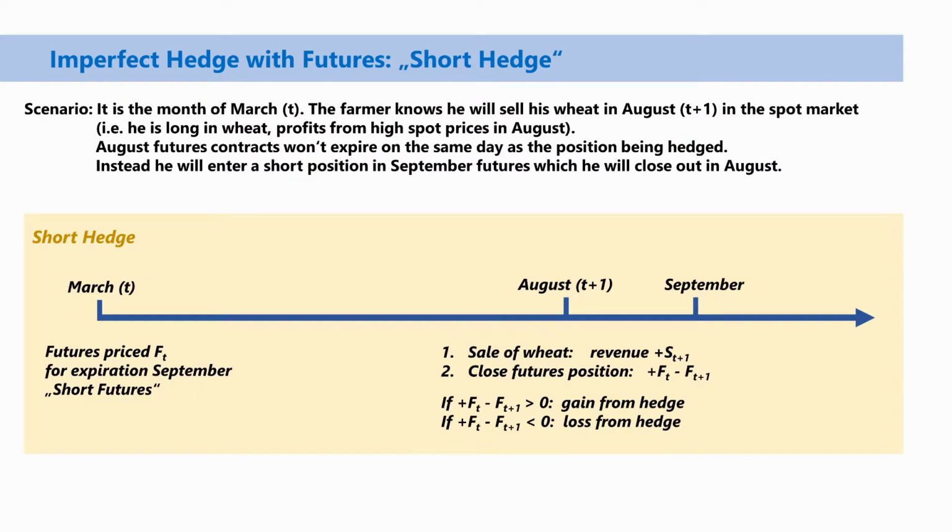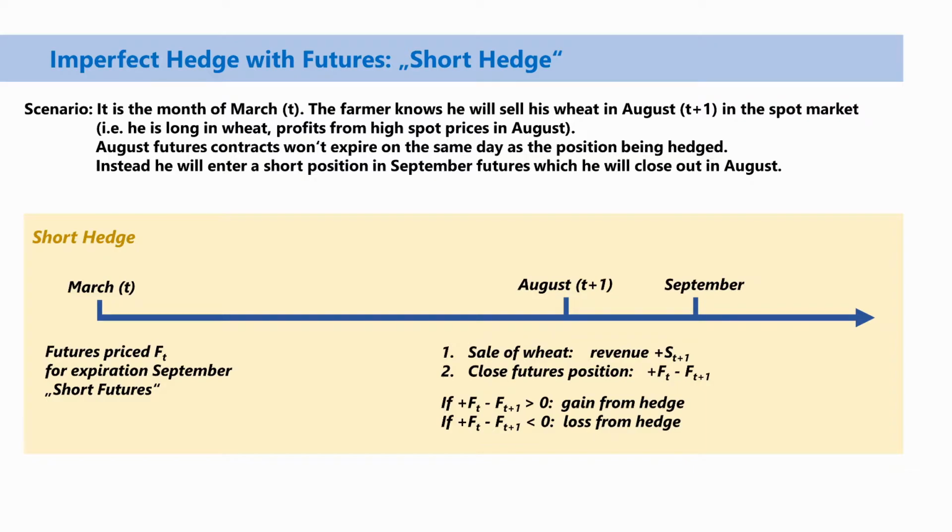A short hedge works as a mirror image of the long hedge. Let's say it is March. The farmer wants to sell his wheat in August, but August futures are not available, so he enters in September futures. A short futures means selling at price F_t, so the F_t in this case is a revenue, and closing out the position, the minus F_{t+1} is reducing that revenue.